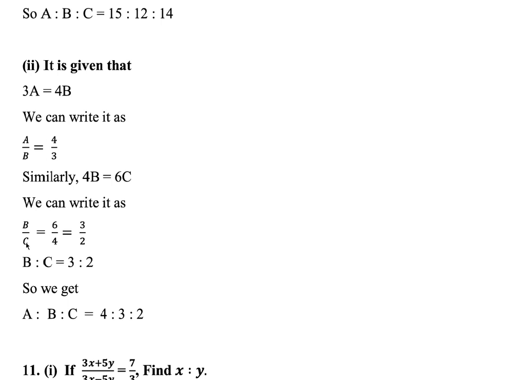So B by C is equal to 6 by 4 is equal to 3 by 2. So B is to C is equal to 3 by 2. See, A is different 4, B matching. Here B is equal to 3 and here also B is equal to 3. So 4 is to 3 is to 2 will be the answer.